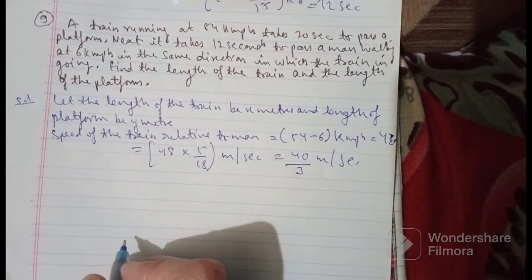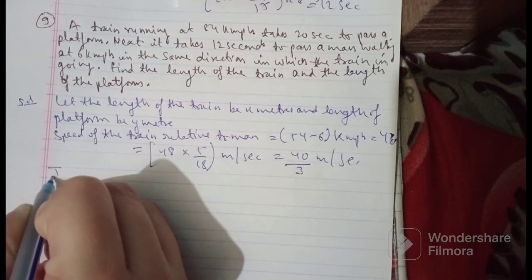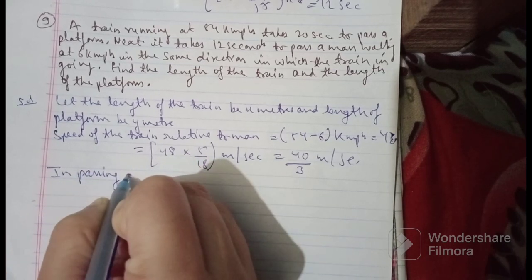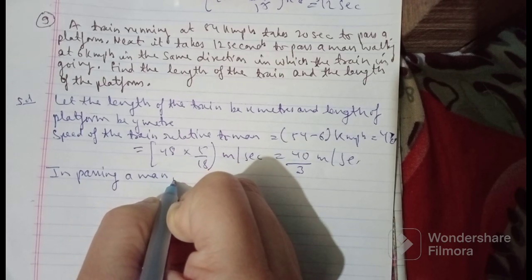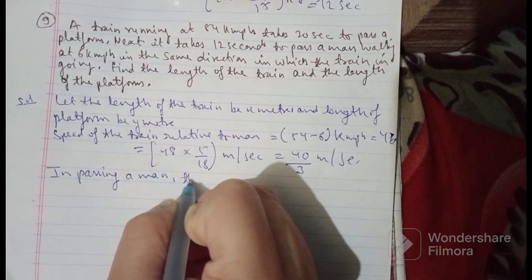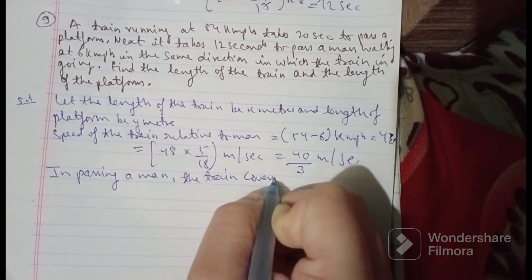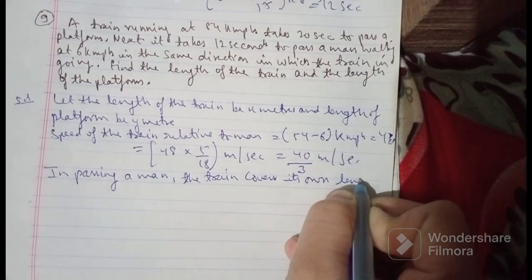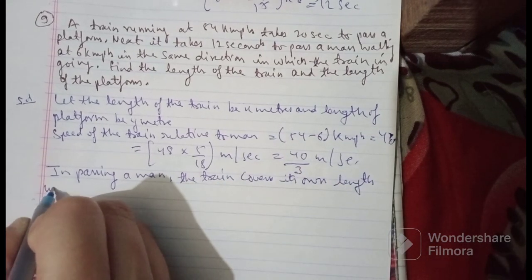Now, in passing a man, the train covers its own length with the relative speed.